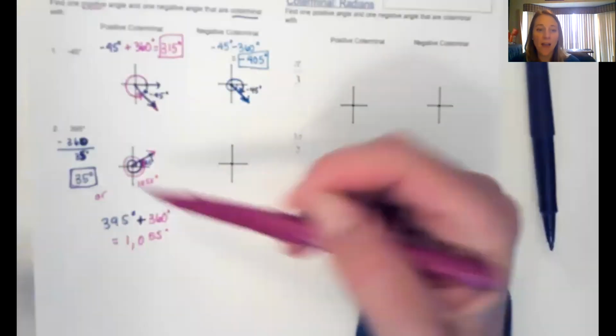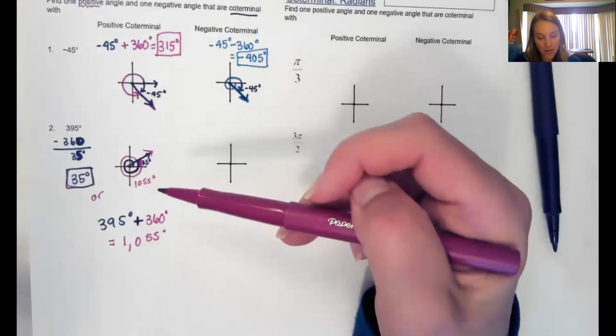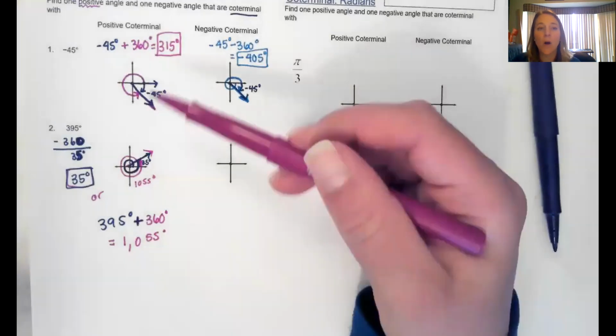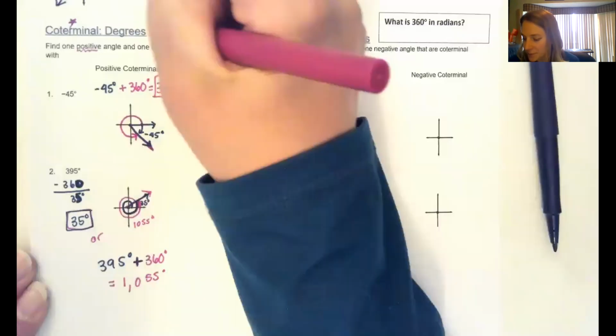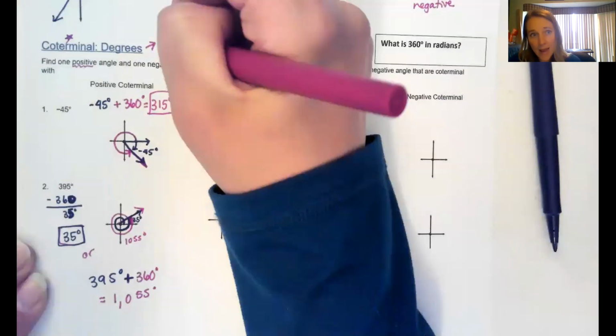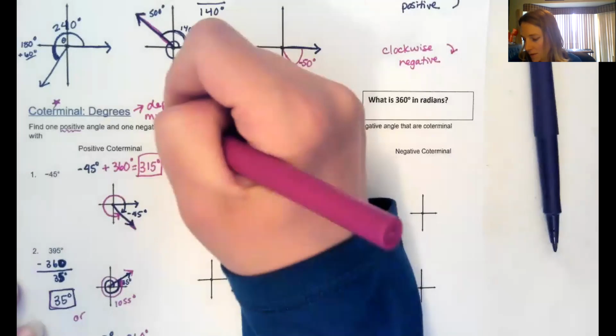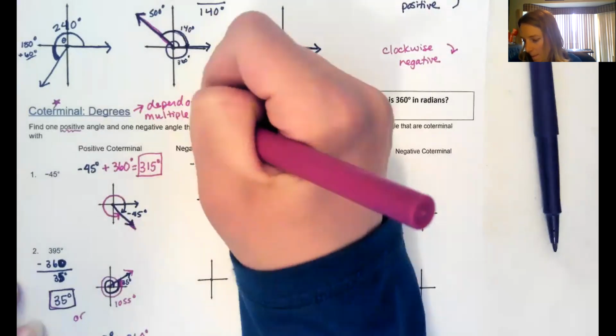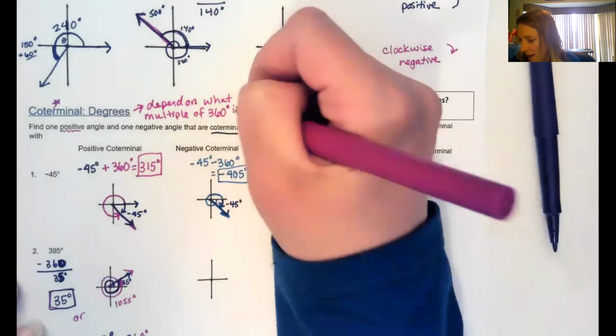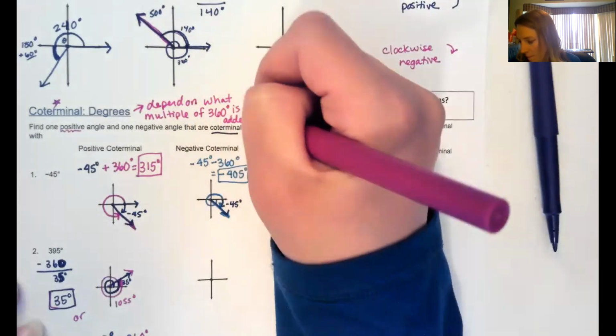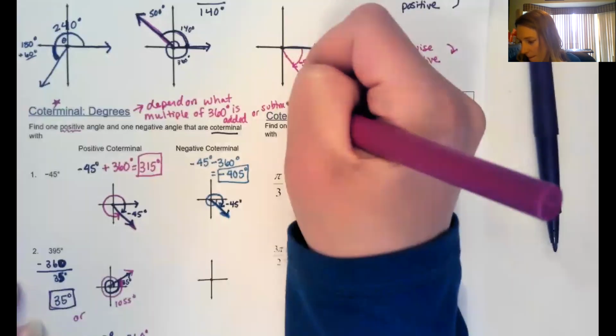So you could do either one, because both of these, 35 and 1,055 degrees, are other positive coterminal angles. And that's the thing, right? Coterminal angles depend on what multiple of 360 degrees is added or subtracted.